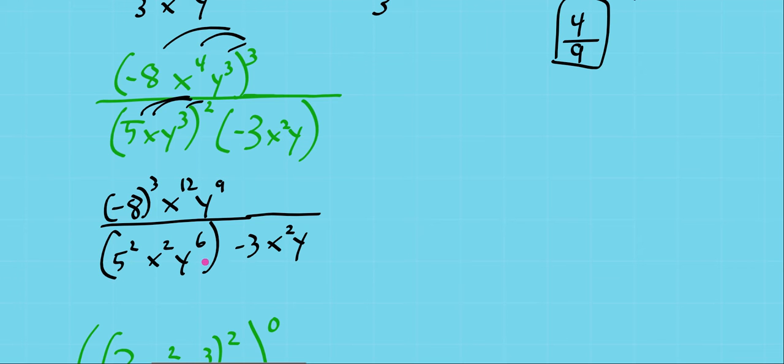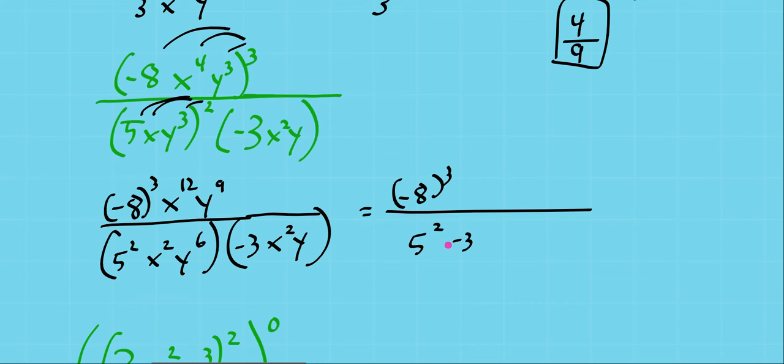Let's look at our numbers. At the top we have negative 8 cubed, and at the bottom we have 5 squared times negative 3. So negative 8 cubed is negative 512.